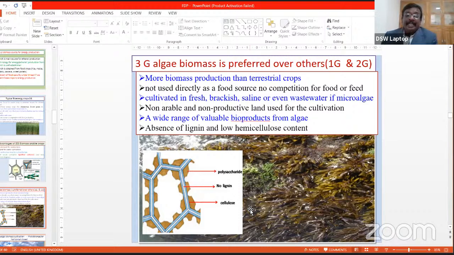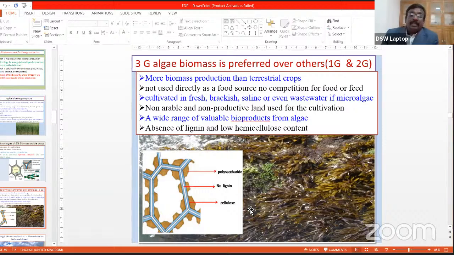In terrestrial plants, lignin binding the cellulose impedes hydrolyzation during degradation for ethanol production. Whereas the algal cell wall does not have lignin, so hydrolyzation and energy conversion are very easy and simple, and they can also be grown in wastewater and in seawater.